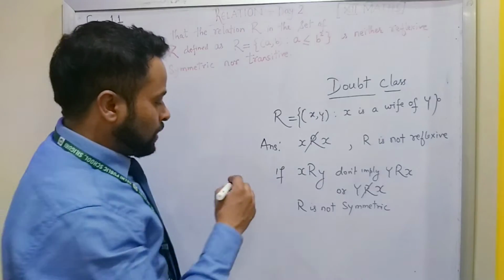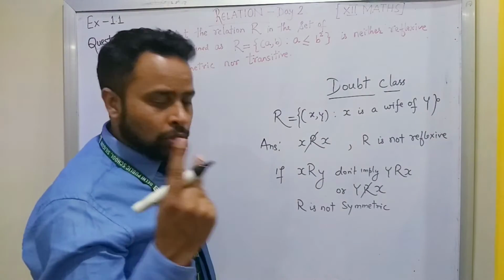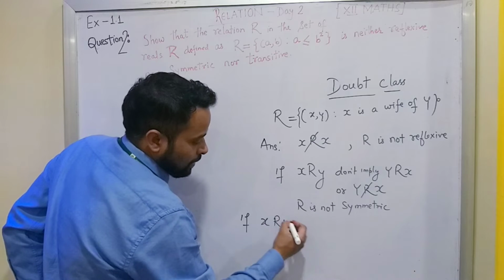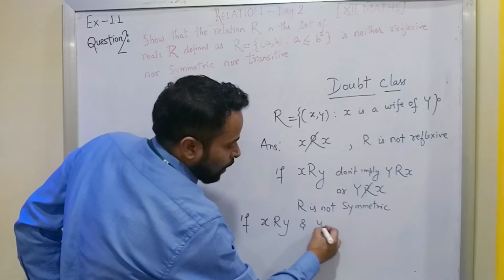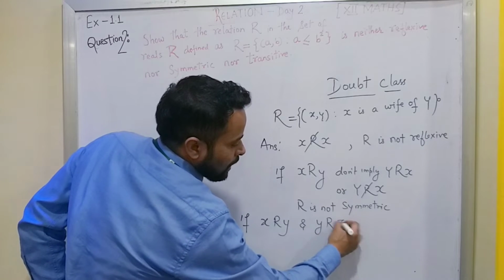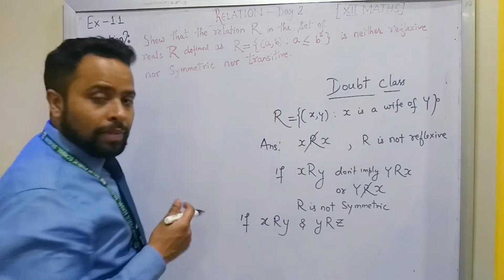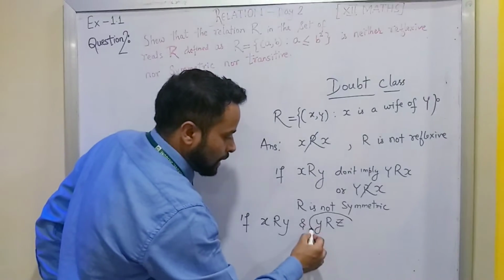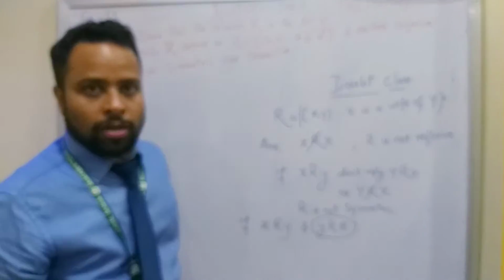For transitivity we need two inputs. Say if x is a wife of y and y is a wife of z. Since I need two inputs to prove transitivity, my second case is not possible at all.